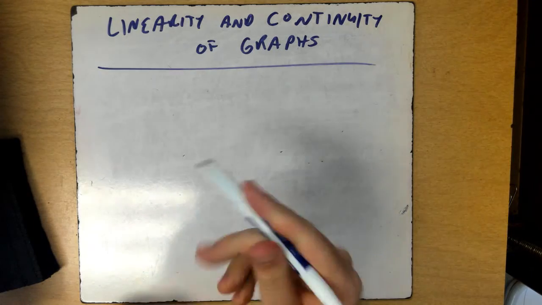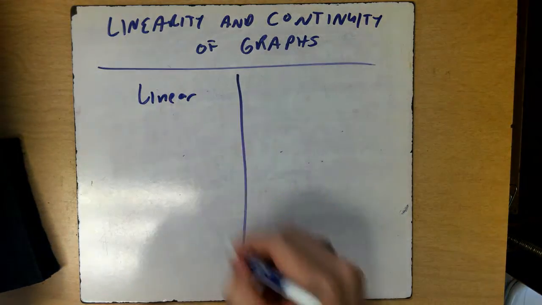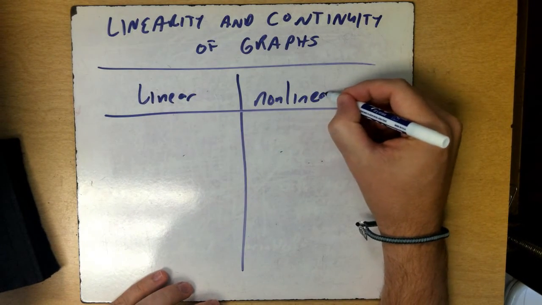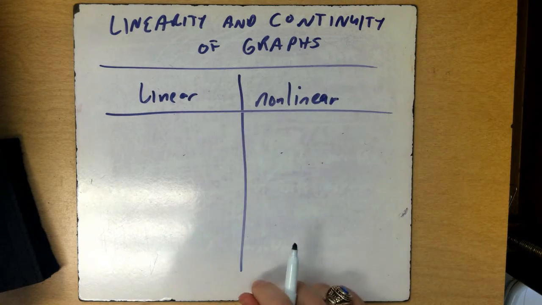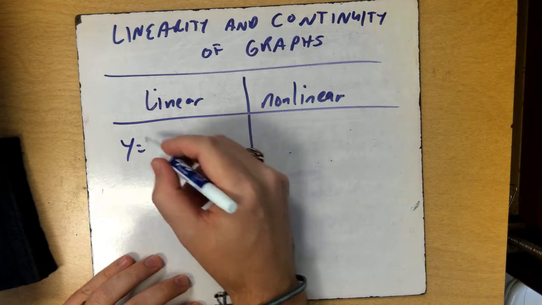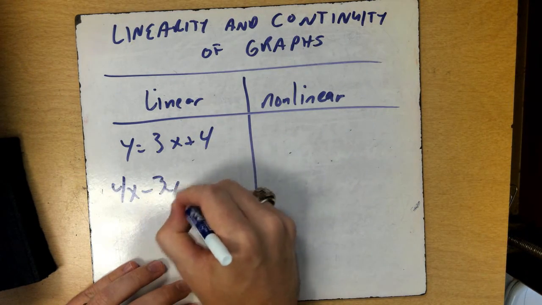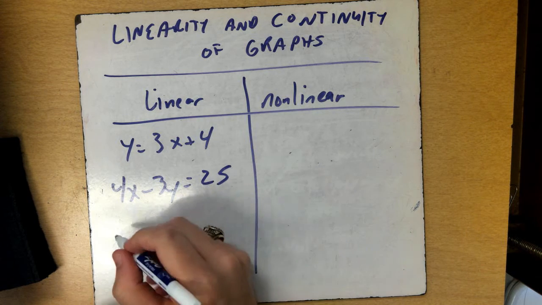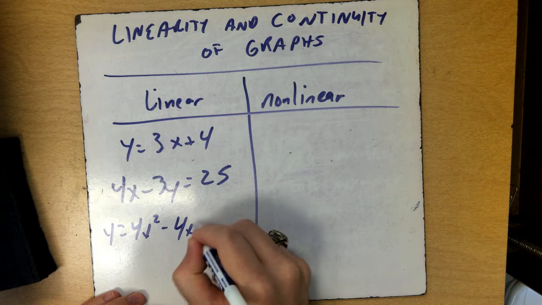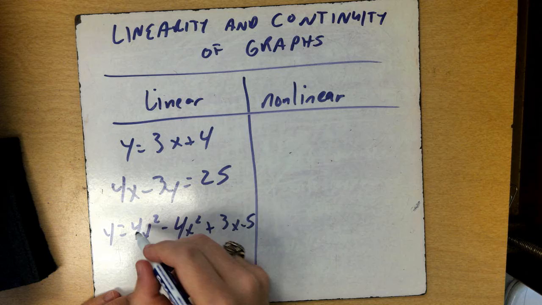All right. So let's go. Linear. I'll just draw a little t-chart here. Linear, nonlinear, okay? So here are linear functions. y equals 3x plus 4. 4x minus 3y equals 25. y equals 4x squared minus 4x squared plus 3x minus 5.